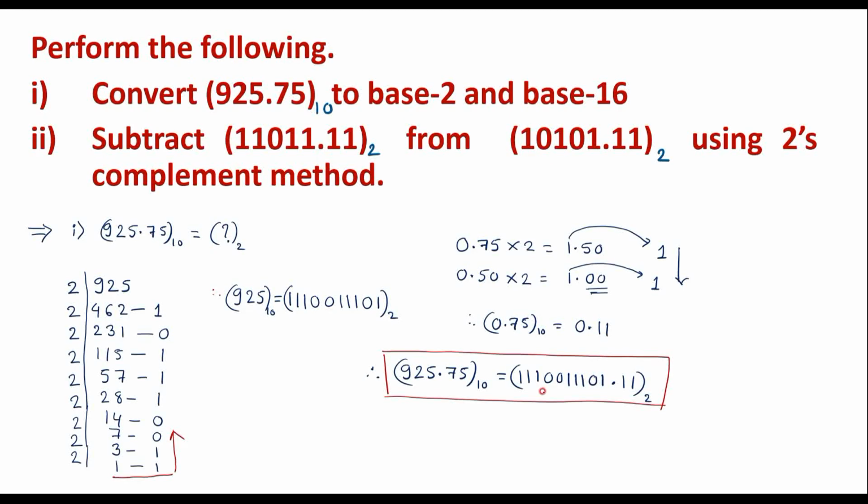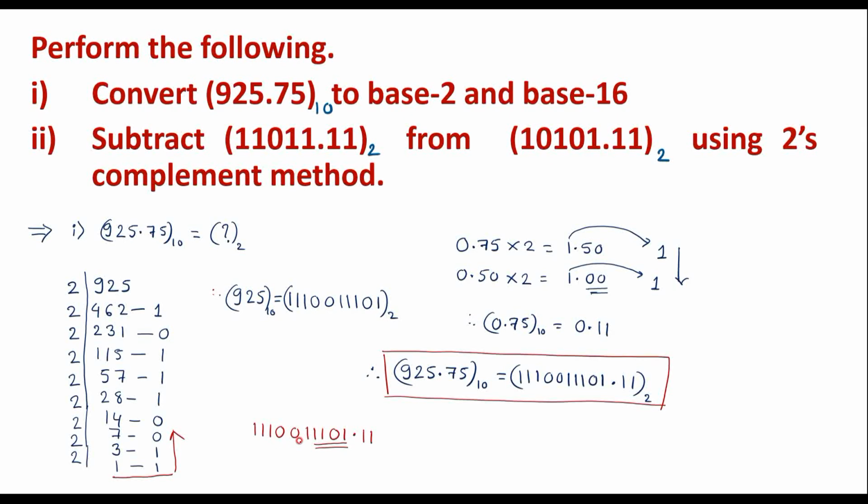So the binary number which is obtained is 1110011101.11. To convert this binary number into a hexadecimal number, do the grouping of 4 bits from the decimal point. That is, in the first group we will be having 4 bits, that is these 4 are the first group.